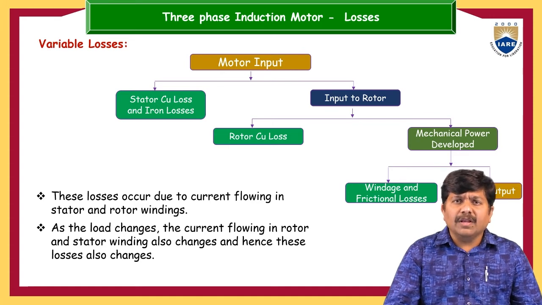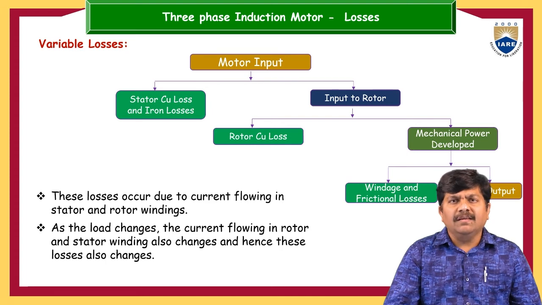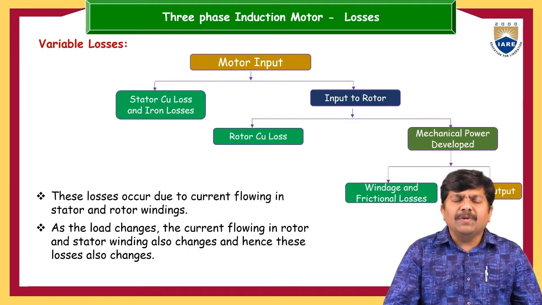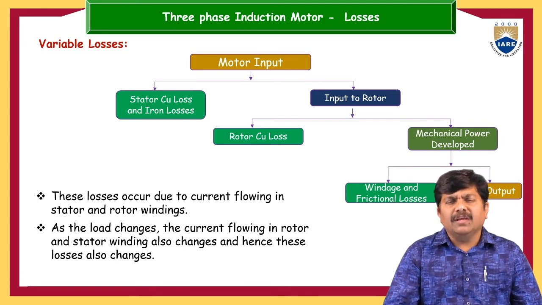Then the rotor input power, after meeting some rotor copper losses, is available across the rotor output terminals. Again after meeting some mechanical losses, some portion of the rotor output power is communicated to the shaft. So these are the various power stages, and at every stage we have mentioned what type of losses we have to consider in order to calculate the efficiency.